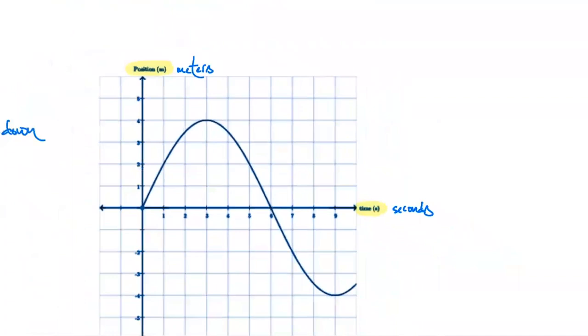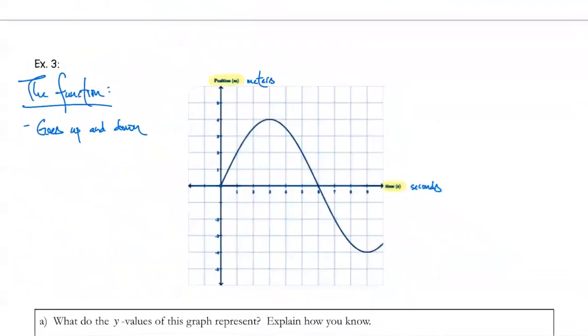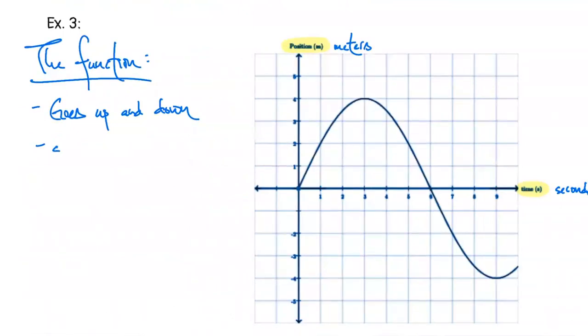Okay, good. This function goes up and down, but we might even say that this is an s of t or x of t graph. Every y value here looks like it's between -4 and 4.